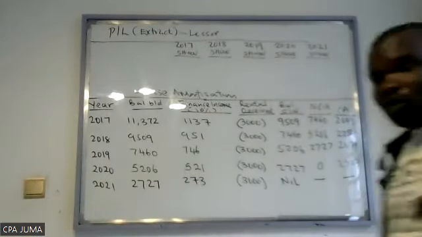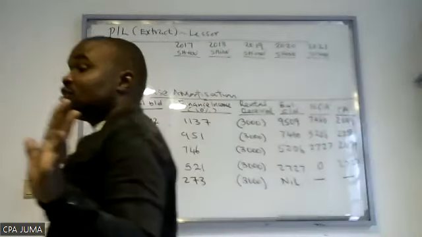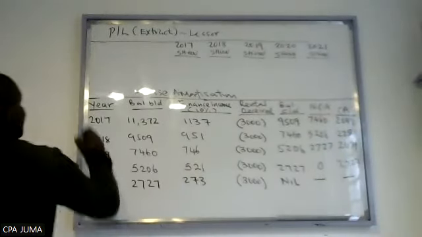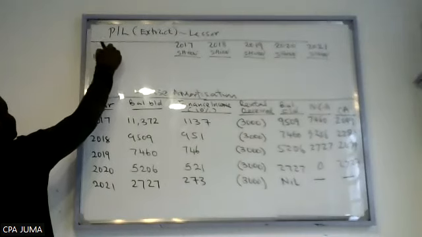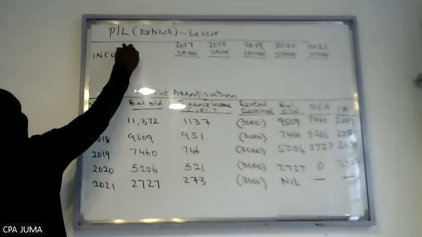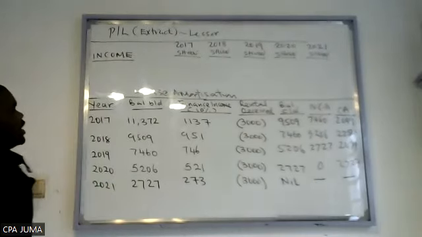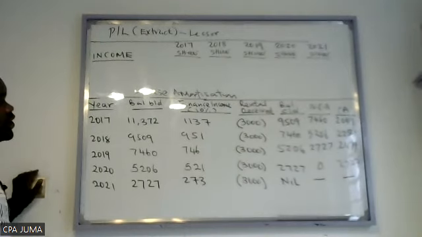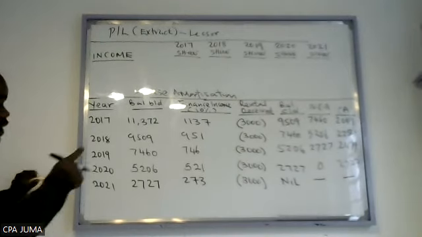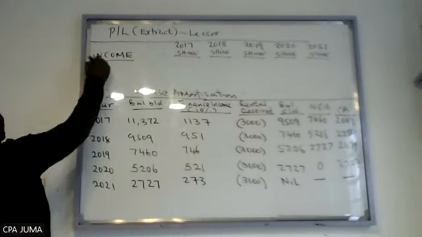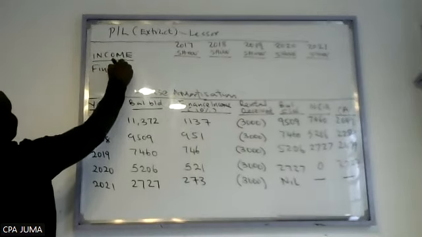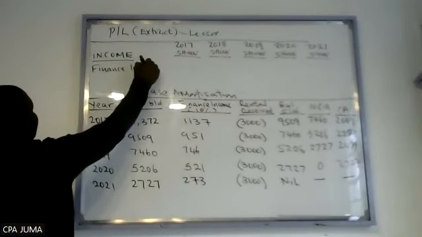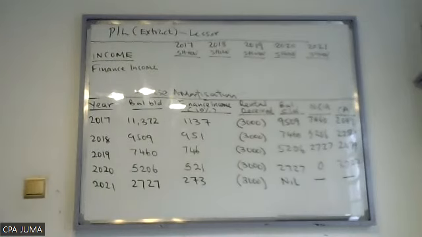Sasa lessor ndio landlord. Landlord ana stress, yeye kazi yake ni kupokea pesa. So they talk of income. Then there is something I really need to tell you. Naenda kuambia hapa sahi. So finance income, that is the interest.